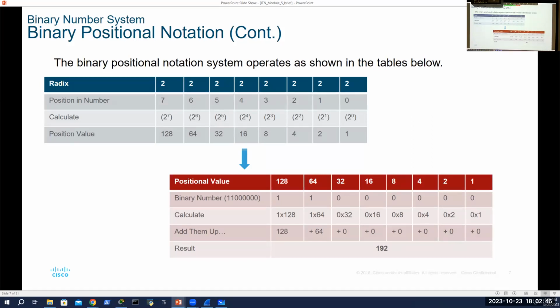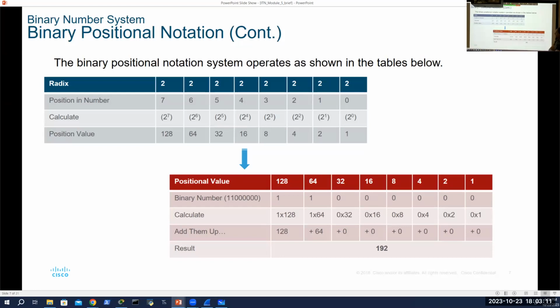And in hexadecimal, what's the base value? 16. So that's all that means. The radix is the base number we're working with, and the position in the number is also the power of that radix that we're using.